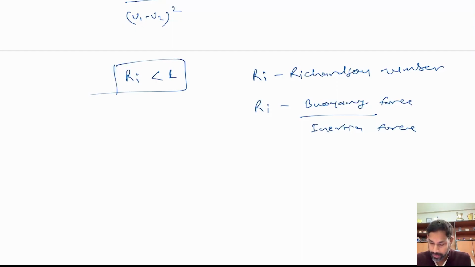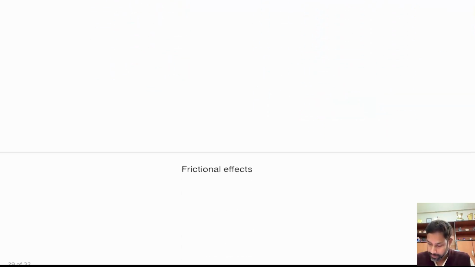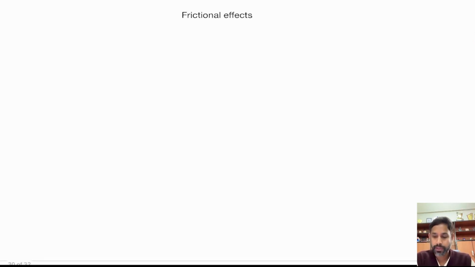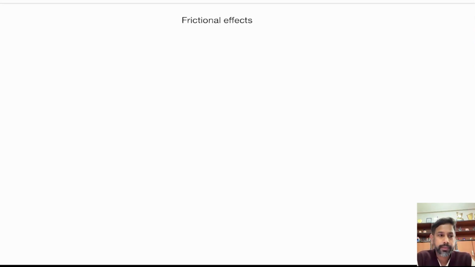However, it is not that straightforward as we think, because when kinetic energy converts into potential energy, or when inertia force converts into buoyancy force, a lot of turbulence gets generated. During the turbulence, a lot of frictional losses also happen.